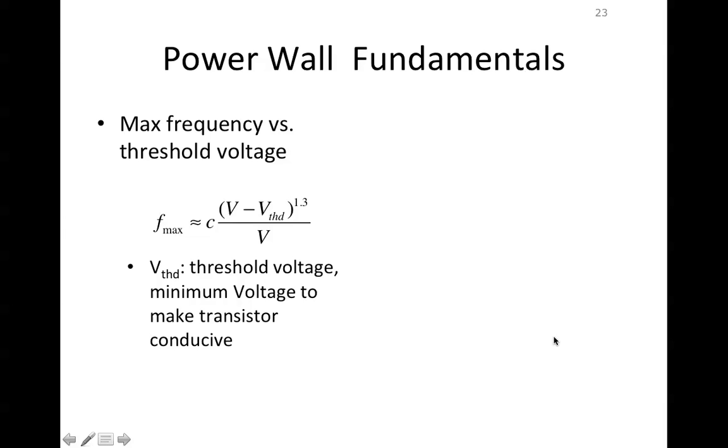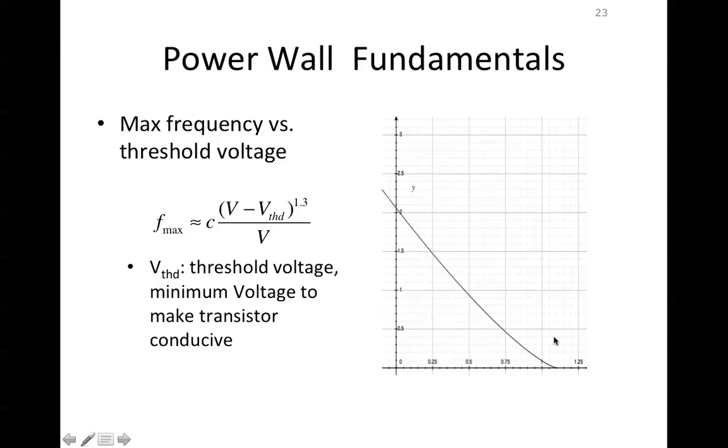Right? So, if we plot this figure, here we can see the x-axis as the threshold voltage, the y-axis is the maximum frequency. You will see something like this. Now, don't pay attention to the scales. These are just fictitious scales.